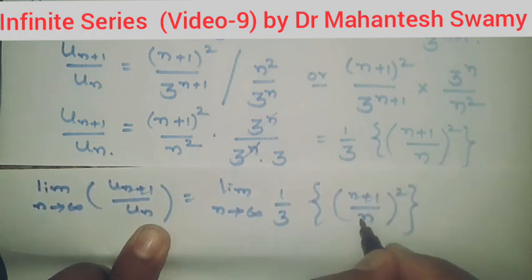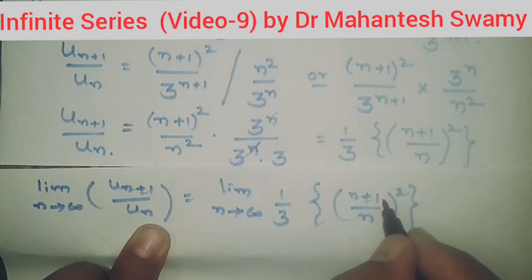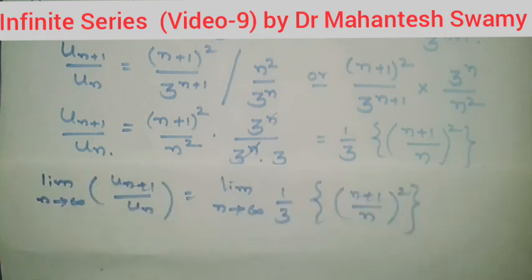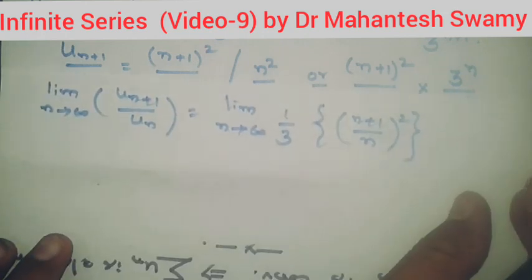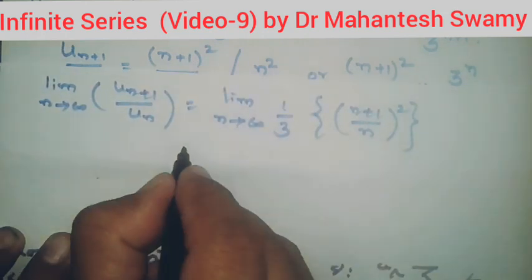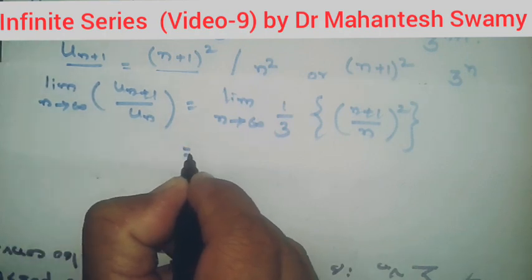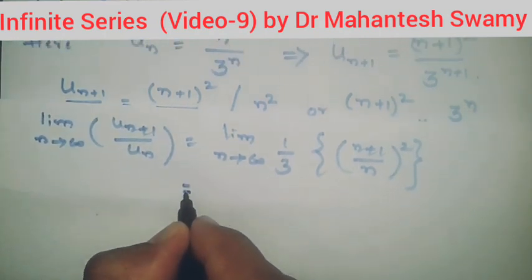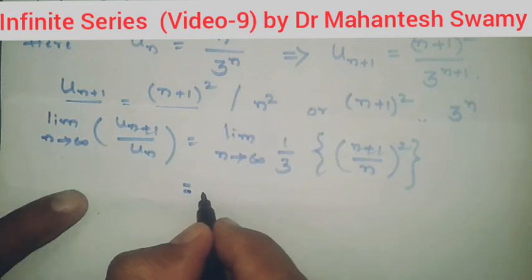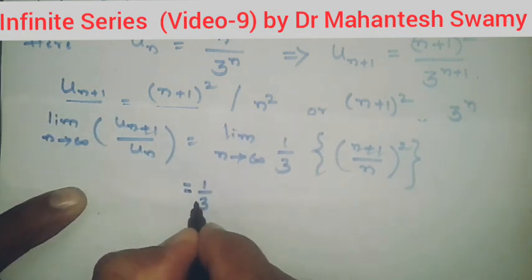Now it is convenient if we divide separately. n by n is 1, plus 1 by n. So that we can do. So this implies, when we simplify, this is going to be 1 by 3 can be taken outside the limit.